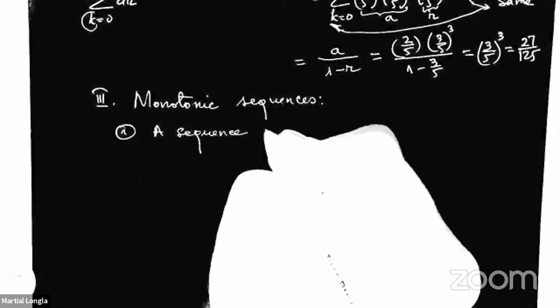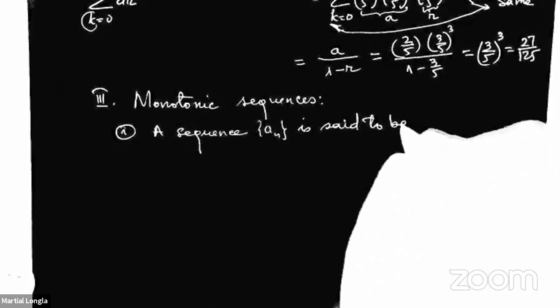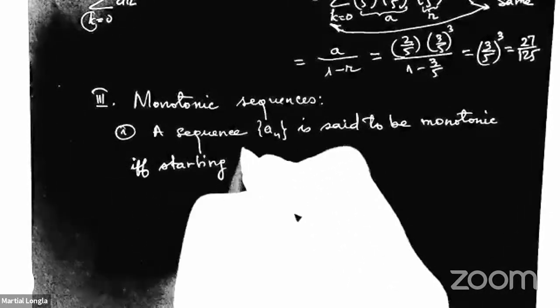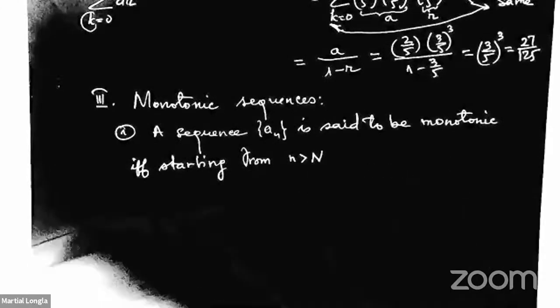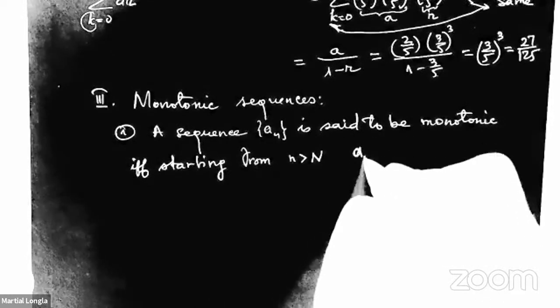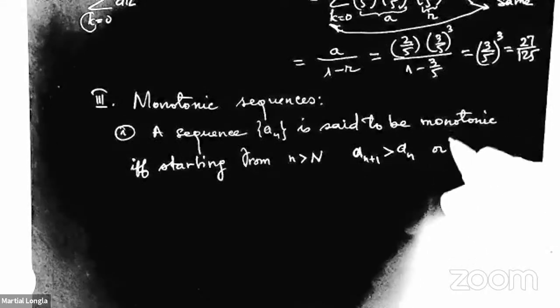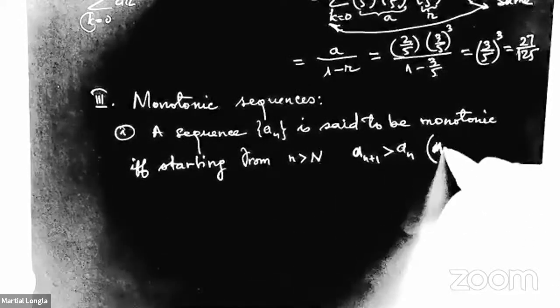So a sequence a n is said to be monotonic if and only if starting from n larger than some value, a n plus 1 is larger than a n, and in this case we would say that it is increasing, right?